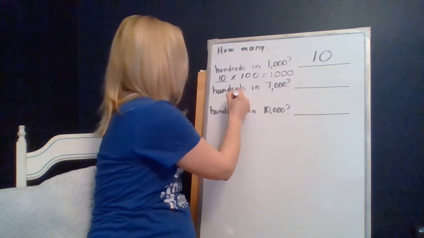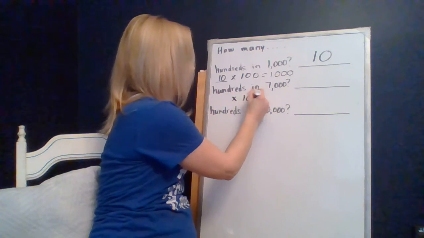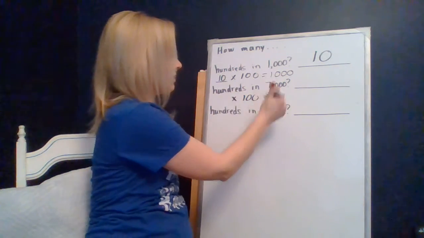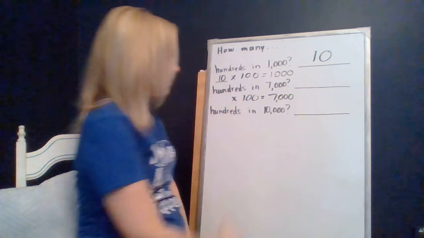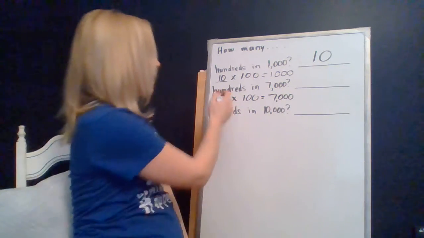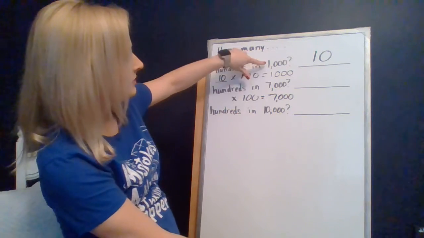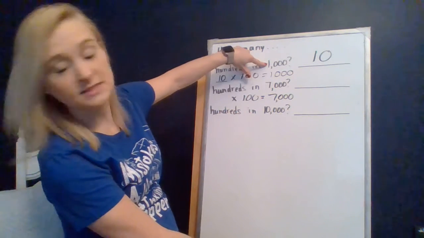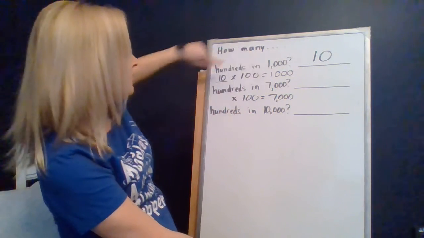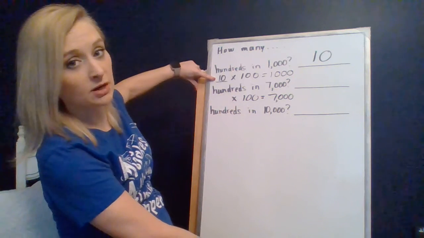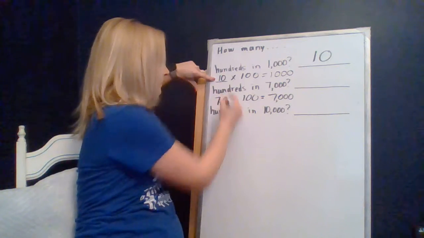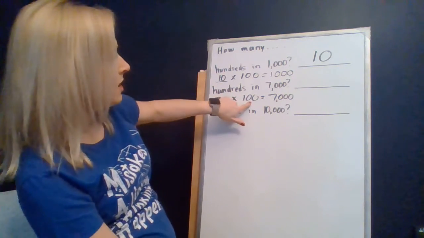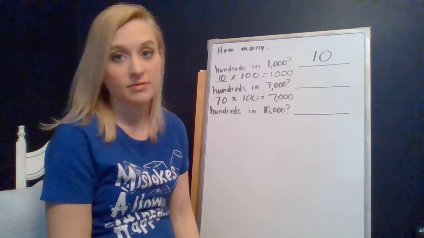We still have multiplying by 100 because we're saying how many hundreds are in 1,000, but now we've got to equal 7,000. Since 7,000 is 7 times bigger than 1,000, this needs to be 7 times bigger as well. So 10 times 7 is 70. So 70 groups of 100 equals 7,000.